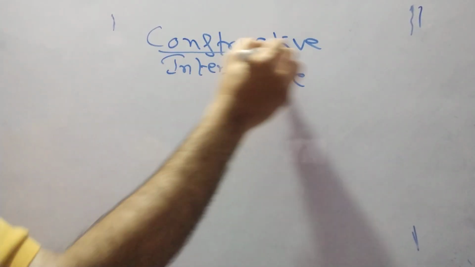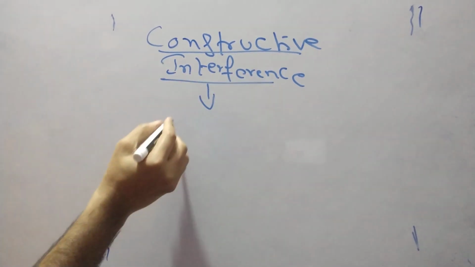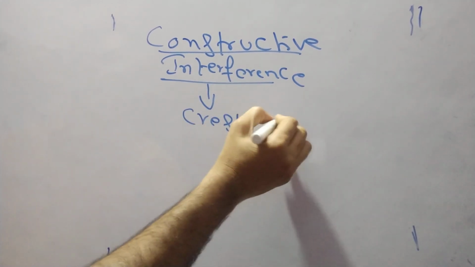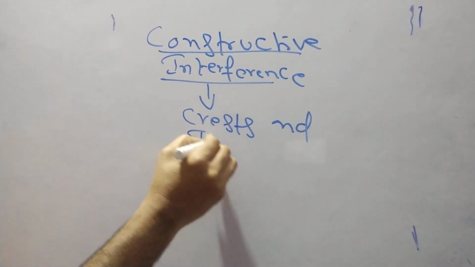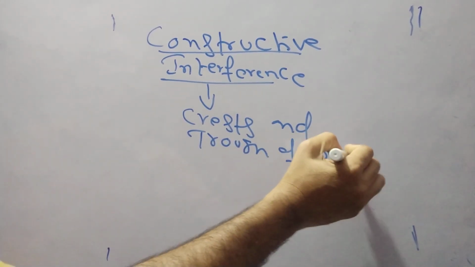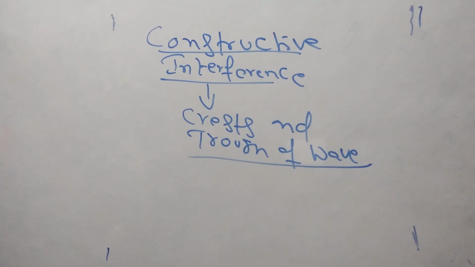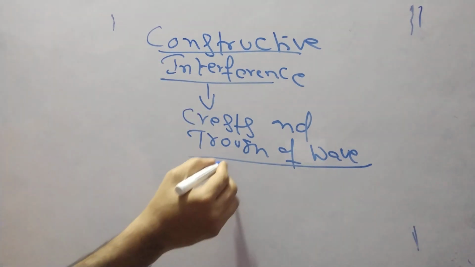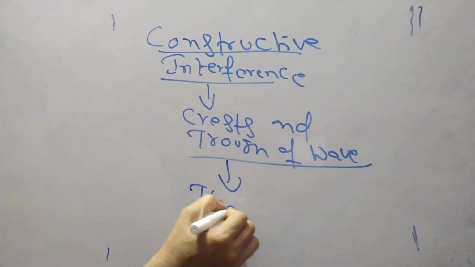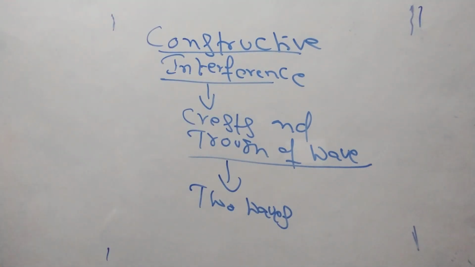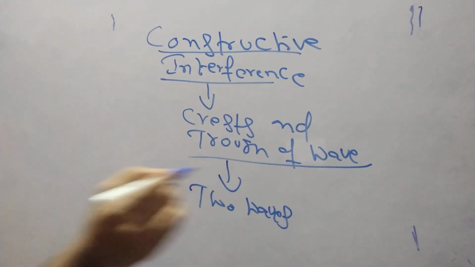This is the knowledge we require to define interference. If you are superimposing, you have to take two waves. Superimposing of waves is nothing but interference, so for this we require two waves.